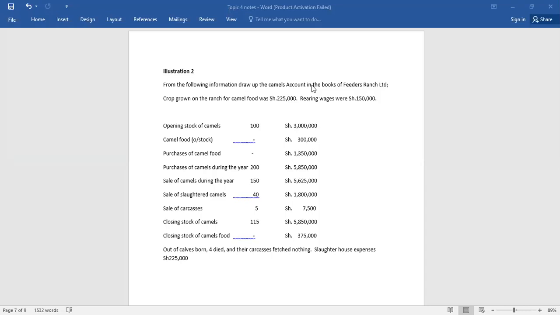The only figure there that seems contentious is that we have some closing stock for the camel food. That will be on the credit side. It's a closing stock anyway. So the other entries are obvious.